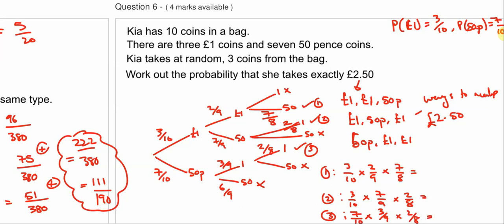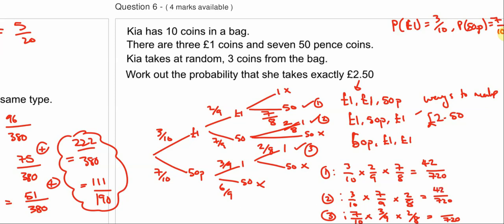So these fractions are all out of 720. 10 times 9 times 8. This top one's 42. Oops, 3 times 7 times 2. That's 42.